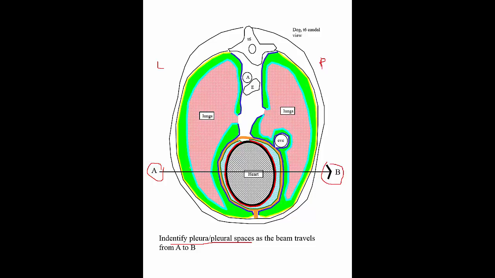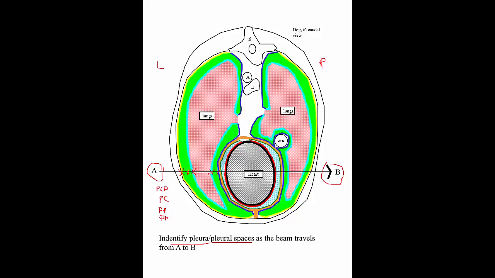The X-ray beam would first hit this layer of yellow, which would be parietal costal pleura. It would then hit this green space, which would be pleural cavity. It would hit this light blue line on the surface of the lungs, which would be pulmonary pleura. It would then course through the lungs and hit the light blue line again, which would be another layer of pulmonary pleura.